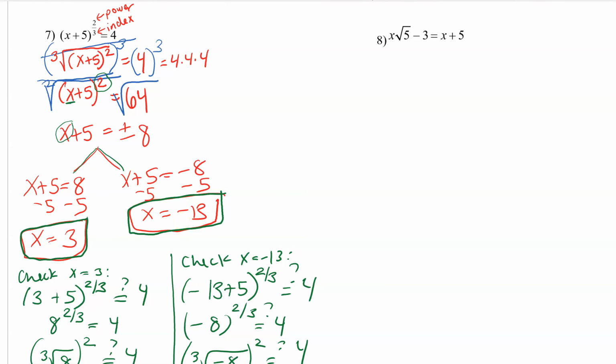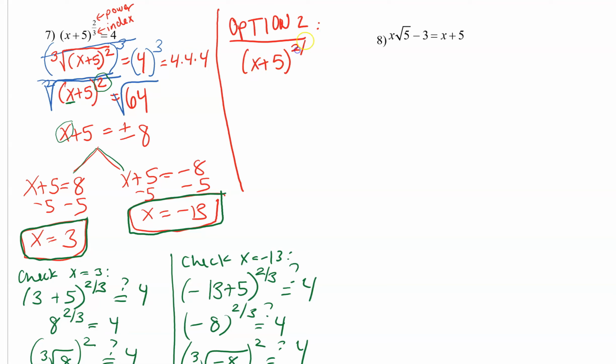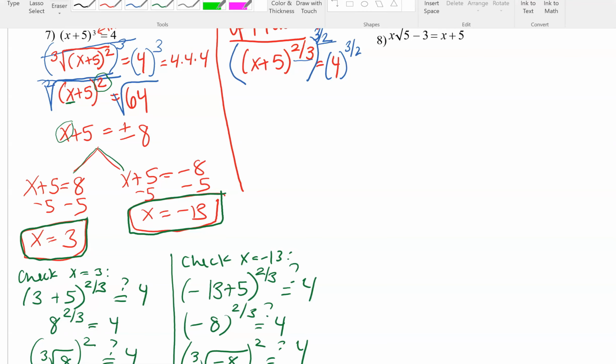Okay, the other way to solve this problem, this is option 2, is to leave it as a rational exponent and use the reciprocal exponent to cancel it out. So I could raise both sides to the 3/2 power, because when you raise a power to a power, you actually multiply those powers together.